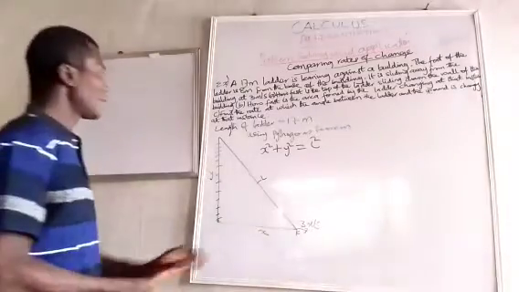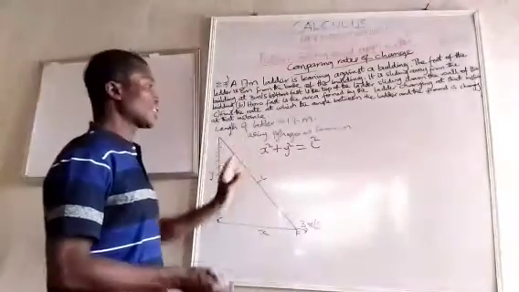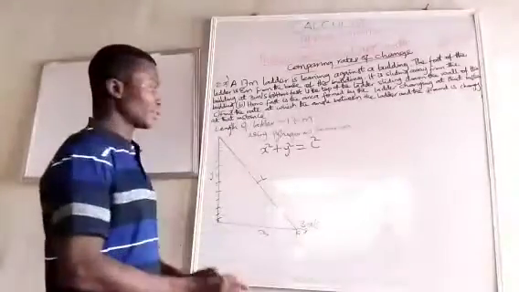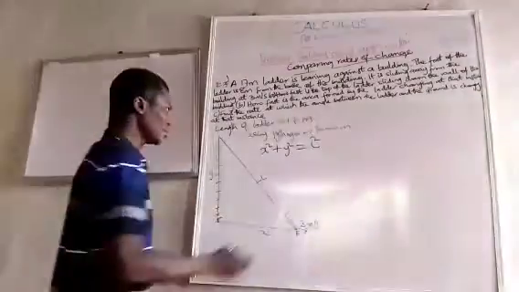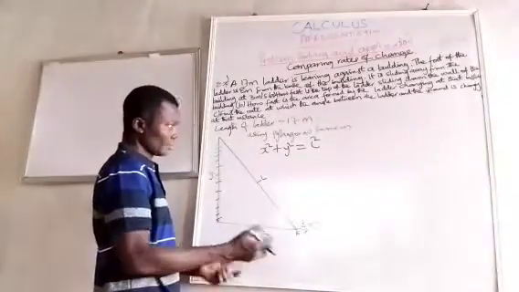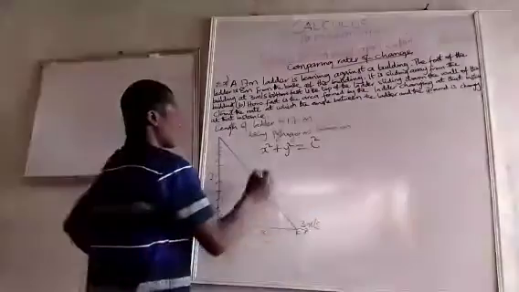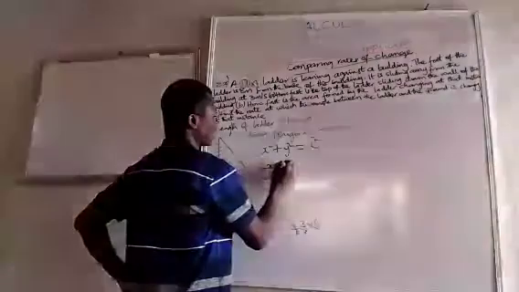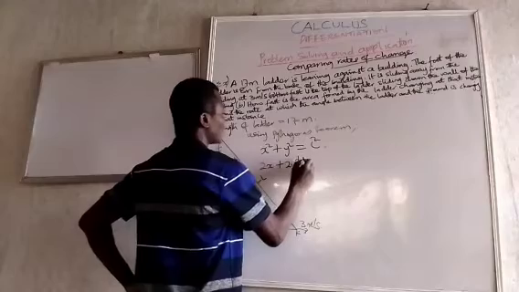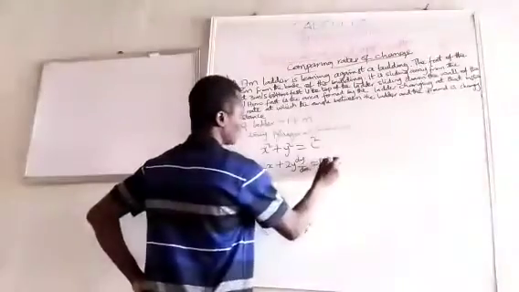When you are doing this, as much as possible, work it out in such a way that, okay, let me do that. Now, let's differentiate with respect to x. We have 2x plus 2y dy/dx equals 0. You know this one is constant.